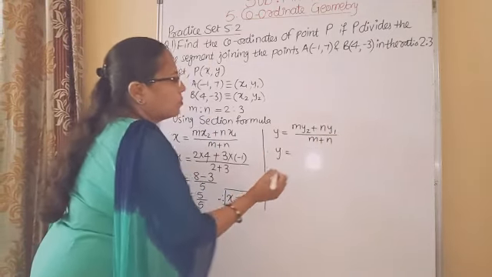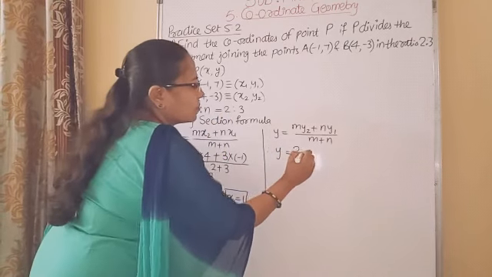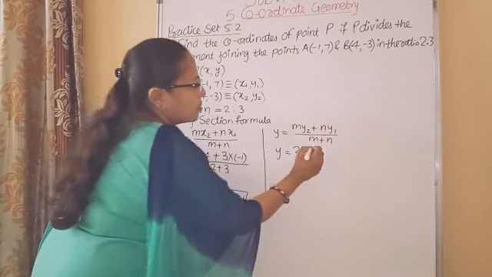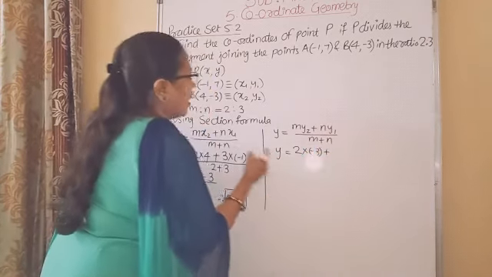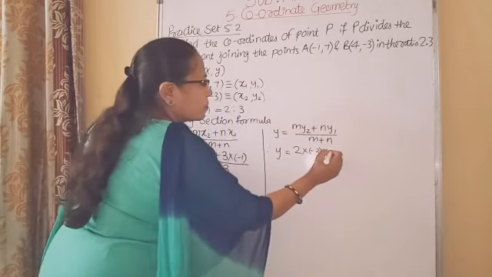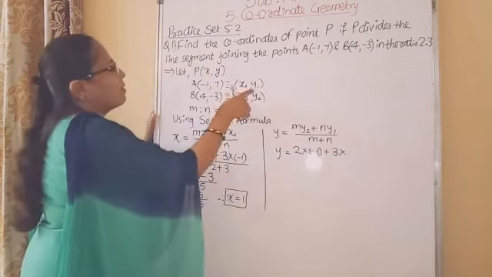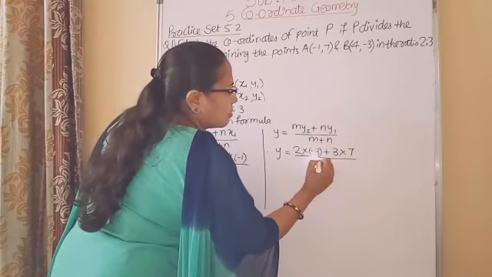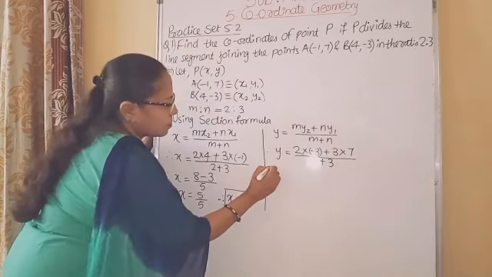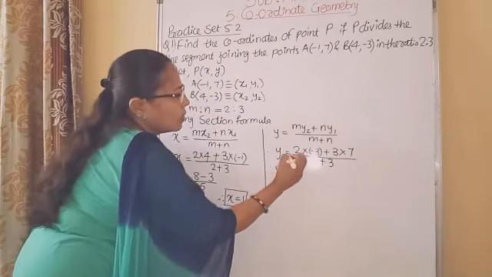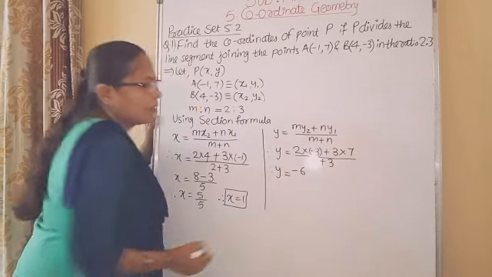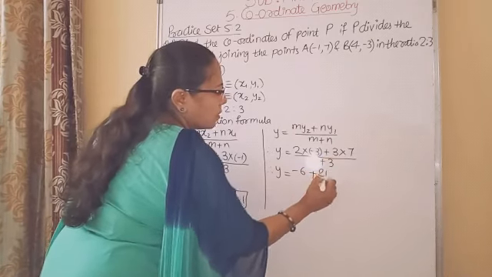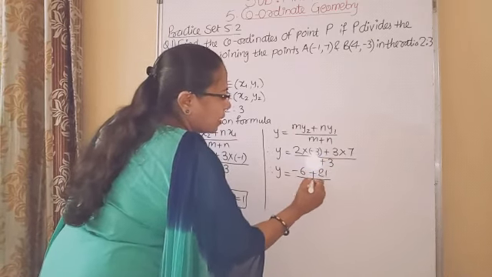Therefore, y is equal to, m is equal to 2, y2 equal to -3, so write in bracket, plus n equal to 3 into y1 is equal to 7, upon m plus n means 2 plus 3. 2 into -3 is -6, plus 3 sevens are 21, upon 2 plus 3, 5.